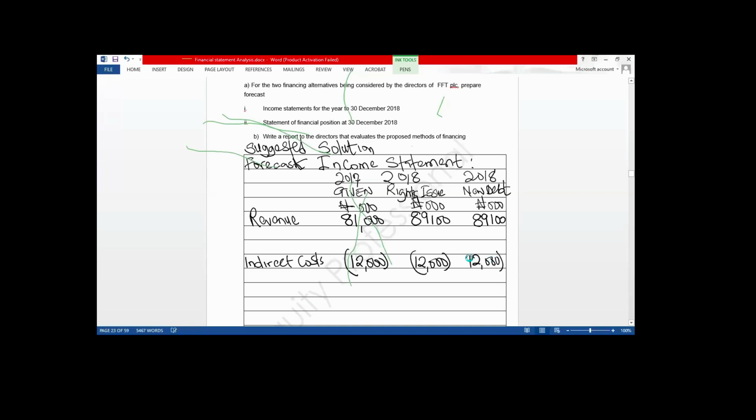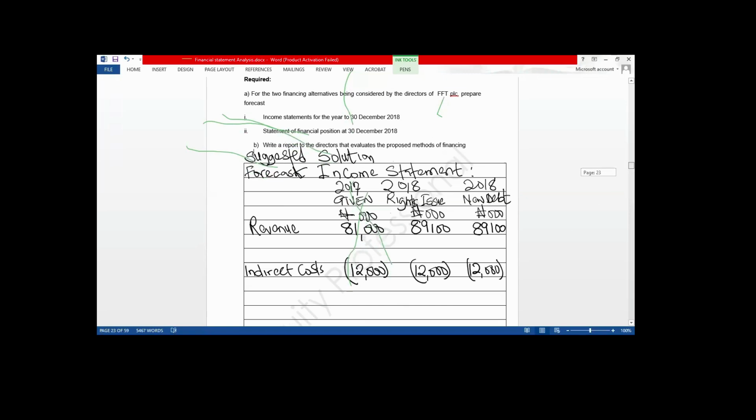Whether we finance the expansion by rights issue or by a new debt finance, the overhead cost of the business remains unaffected. If that is clear, we move to the question again.